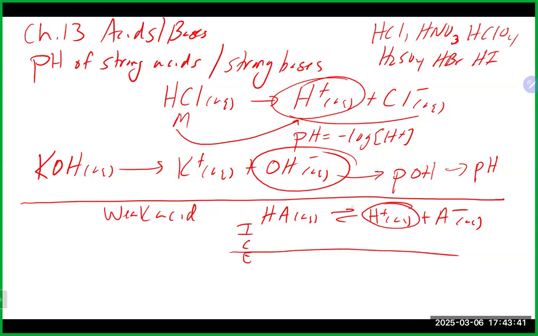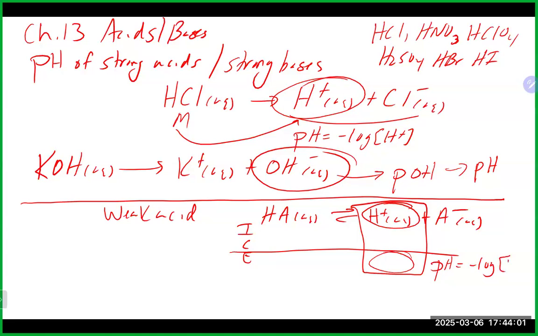The end result is we're looking for what the H plus would be at equilibrium, which in a lot of cases will be the X that you get when you solve for X from the ICE table. Once you have that, you can go into your pH equation.